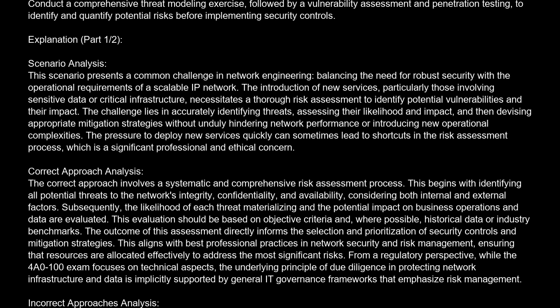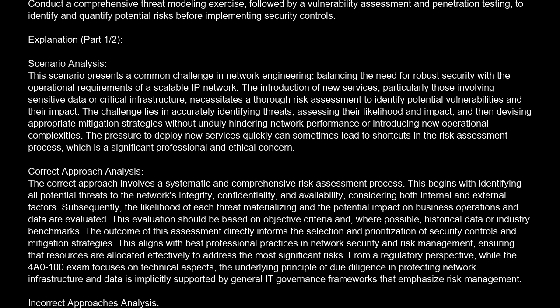Subsequently, the likelihood of each threat materializing and the potential impact on business operations and data are evaluated. This evaluation should be based on objective criteria and, where possible, historical data or industry benchmarks. The outcome of this assessment directly informs the selection and prioritization of security controls and mitigation strategies.